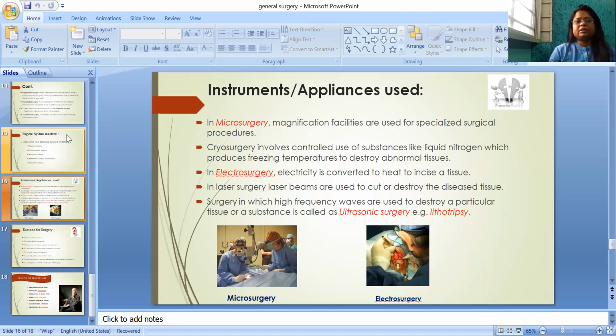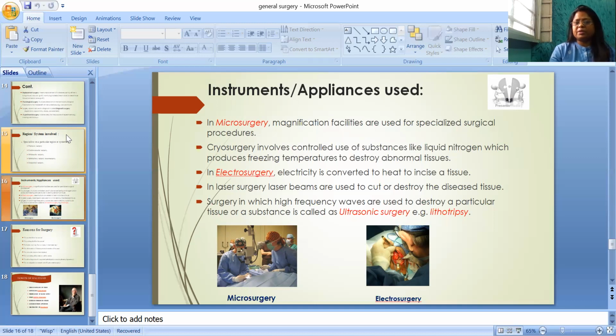Another is instruments and appliances. Instruments and appliances are used in microsurgery. Magnification facilities are used to specialize the surgical procedure. You can see microsurgery in surgery related to the eye.